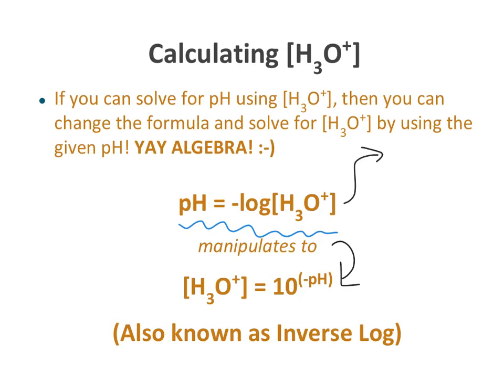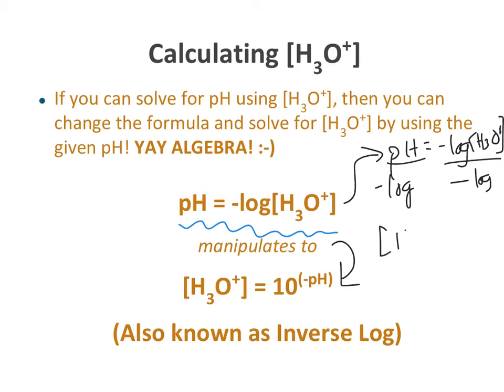We divide both sides by negative log, and when you do that, you take the inverse log, which is basically 10 raised to something. So we end up with the hydronium ion concentration equals 10 raised to the negative pH, which is the formula right there.